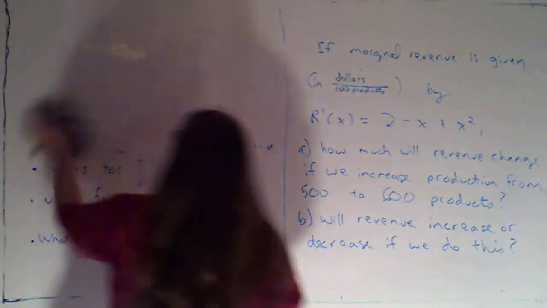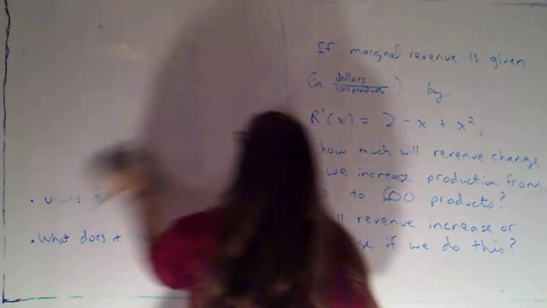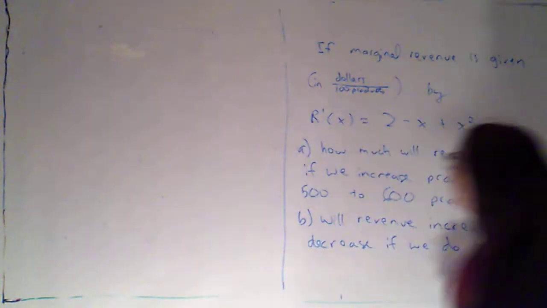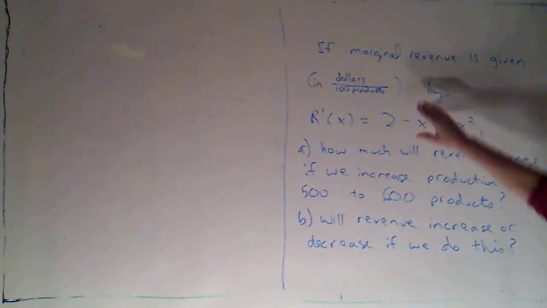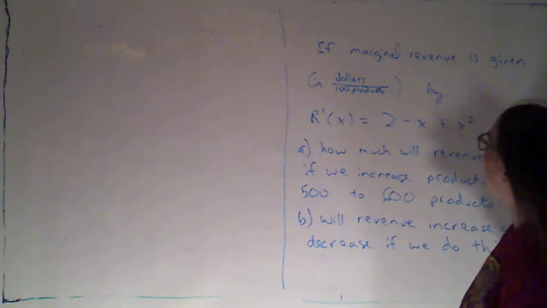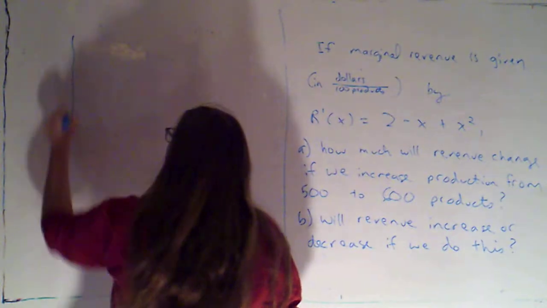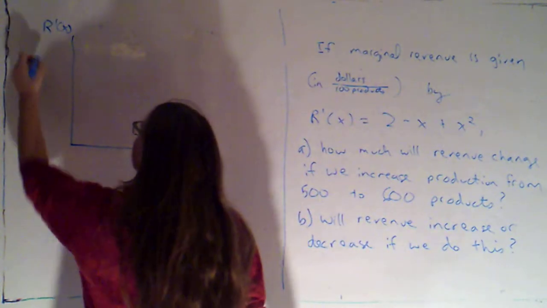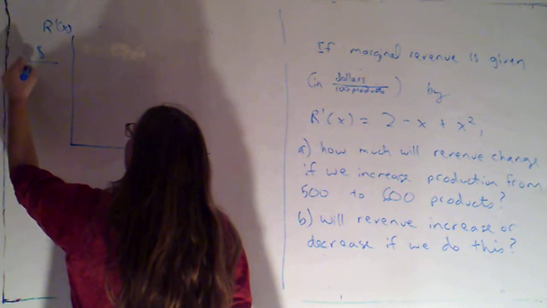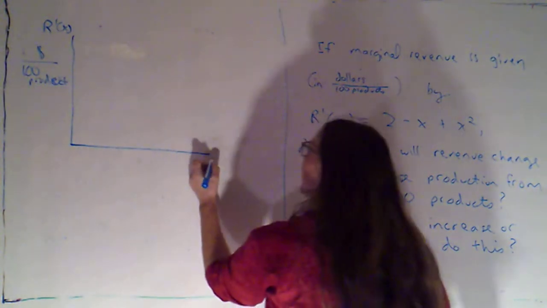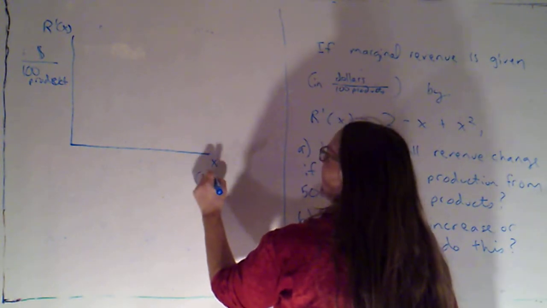Okay, I'm erasing the board while you're pausing, but you might have come back, so welcome back. Okay. So, key thing is that I'm measuring this in dollars per 100 products. So, if I've got R prime of X here, and that's in dollars per 100 products, I'm going to want X to represent not products, but 100 products.